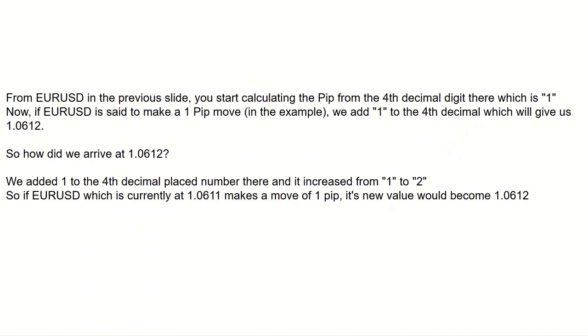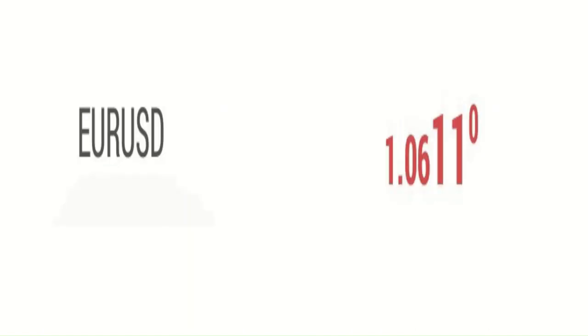So how did we arrive at 1.0612? We added 1 to the fourth decimal place number, and it increased from 1 to 2. So if EUR/USD, which is currently at 1.0611, makes a move of 1 pip, its new value would become 1.0612. I hope you understand this now.